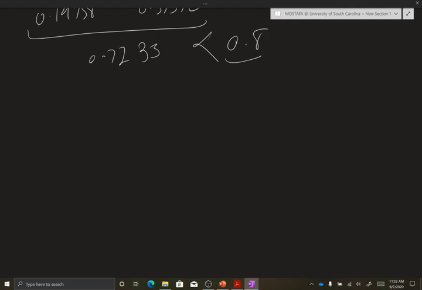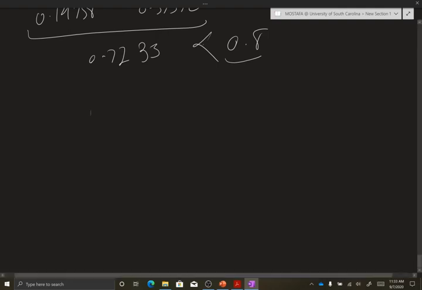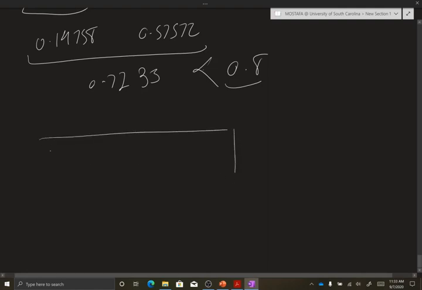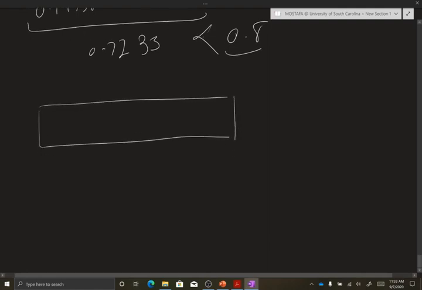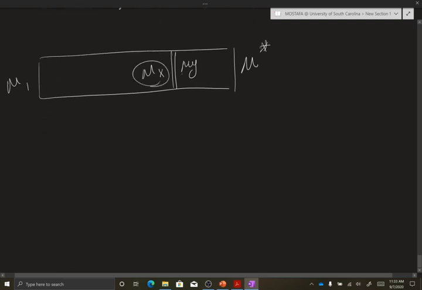For the TS diagram, if I ever ask you to draw it for this case, you have to keep in mind that you have an M1 inlet, an MX before the shock wave, MY after the shock wave, and M star. You have to read the delta S over R for these values as well as the temperature ratios.